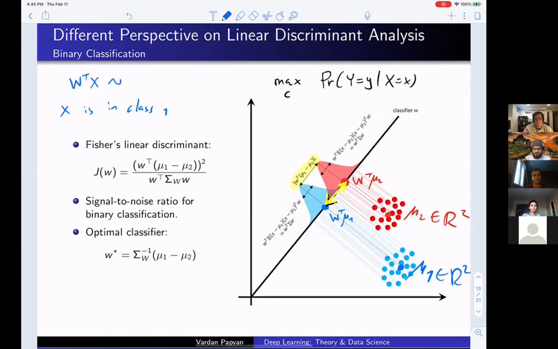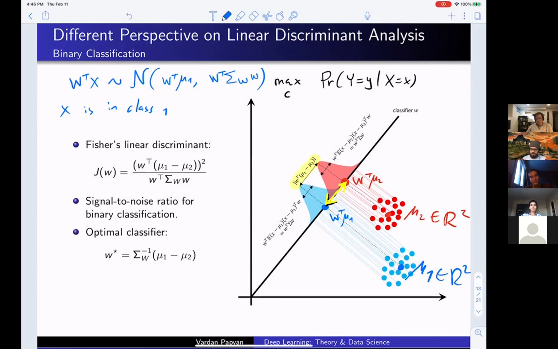Then this thing would be distributed as a normal with a mean W transpose mu1 and a variance of W transpose multiplied by the original covariance, sigma, multiplied by W. This is just a theorem that says how the distribution of a Gaussian changes if you apply a linear transformation.